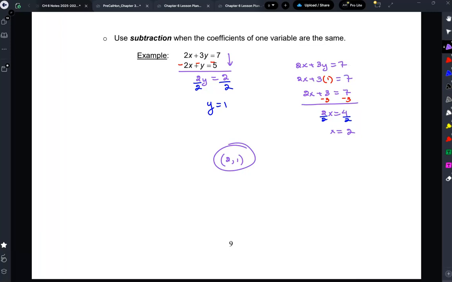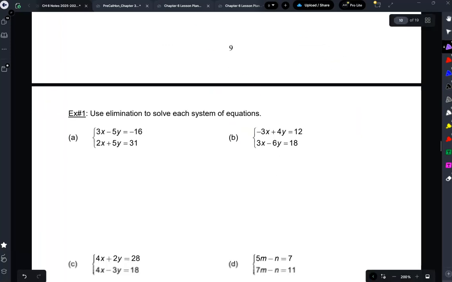Okay. Okay, so let's take a look at this one. Elimination. All right. So look at this one. I have negative 5y, positive 5y. I'm going to add these. Okay. So it's going to be plus. So 3x plus 2x, 5x.